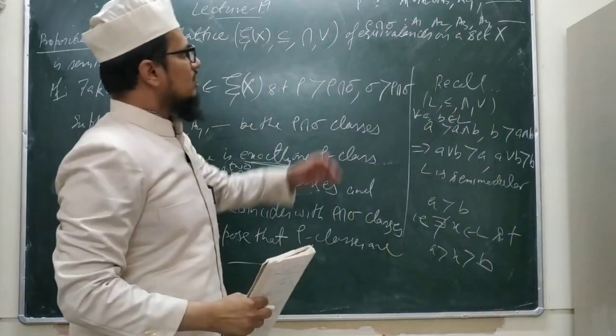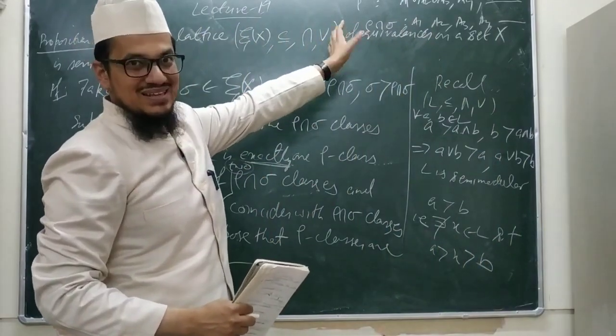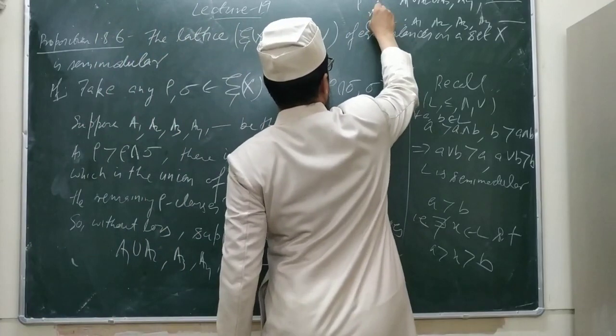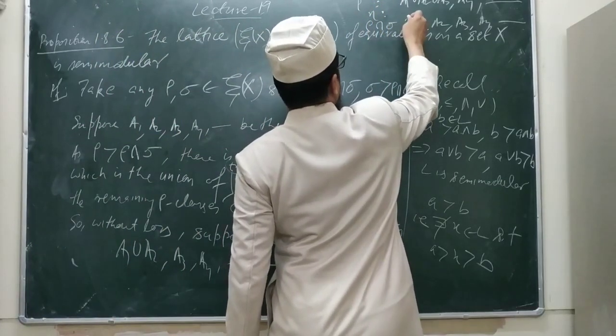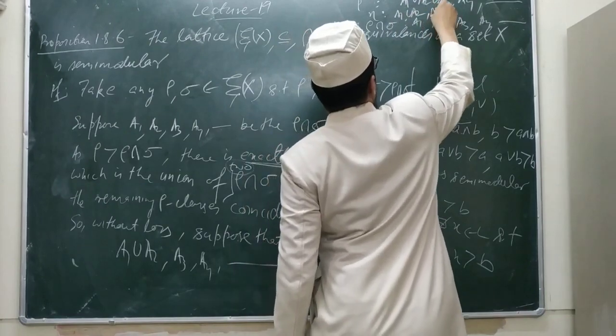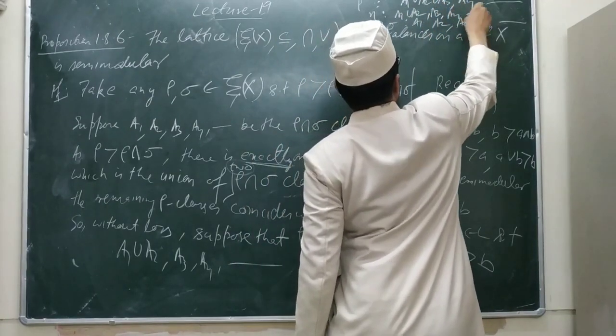Now you can see that in between a class can come, say eta, which is A1 union A2, comma A3, comma A4 and so on.